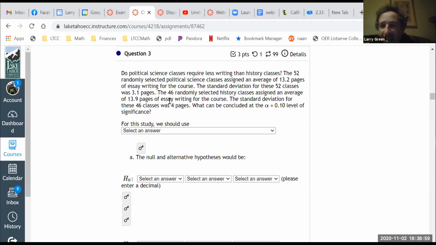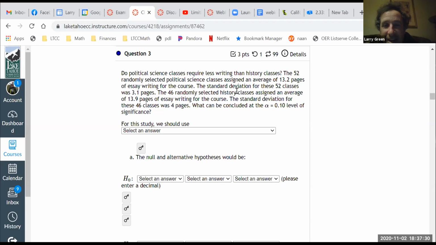So let's look at question 3. Question 3 is the following. Do political science classes require less writing than history classes? By the way, I made up this question. I have no idea, but you could do a study. The 52 randomly selected political science classes assigned an average of 13.2 pages of essay writing for the course.